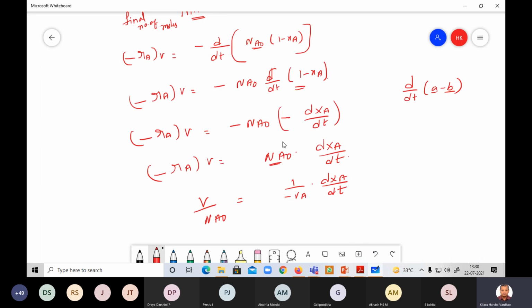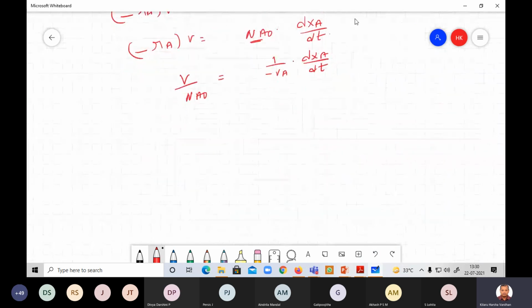From this, if you want to write dt, you take this side, and the rest of the things you bring to this side. Therefore, dt is equal to Na naught by V into minus Ra into dXa. Correct? Because this we are bringing down, this we are taking up.